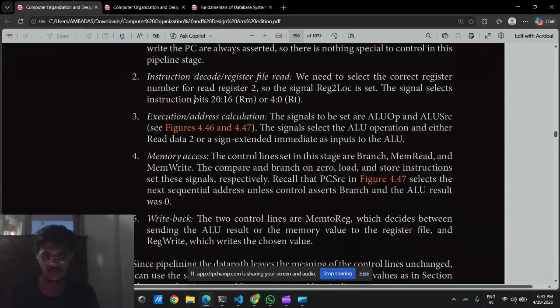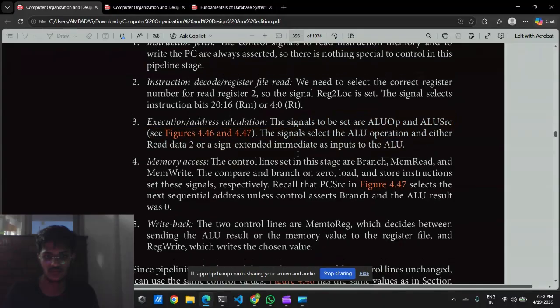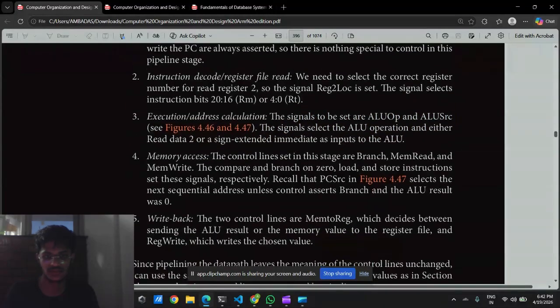And in the execution or address calculation stage, we have two control signals, which are ALU op, which decides the operation, and ALU source, which decides from where we are going to take the input data, whether from the immediate field or from the register file. It depends on that. So there are two control signals in this stage.